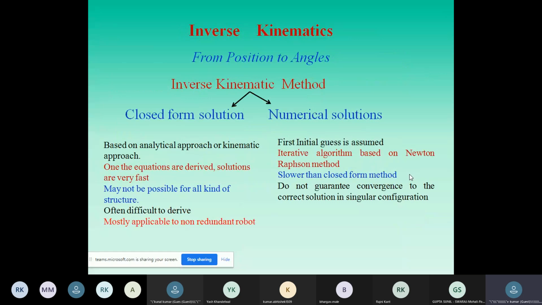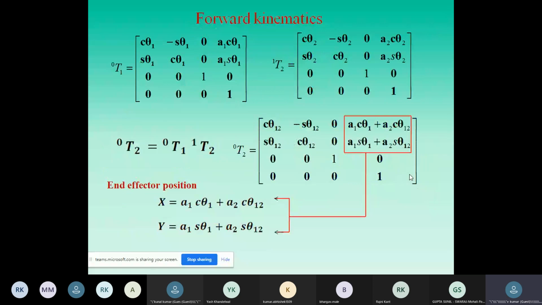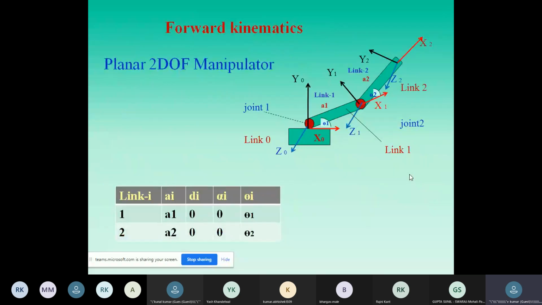So this is the inverse kinematics and forward kinematics. If you know the DH parameters, then you can apply this method, for forward and inverse kinematics. Otherwise, it is very problematic.